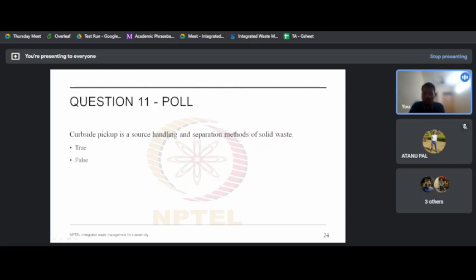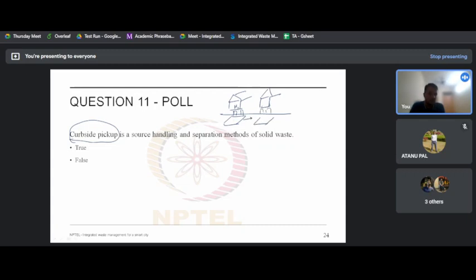So here we are talking about curbside pickup. We have houses, and there will be the roadside. The waste collection vehicle will come here, collect the waste from house one, move on, and collect the waste from house two.